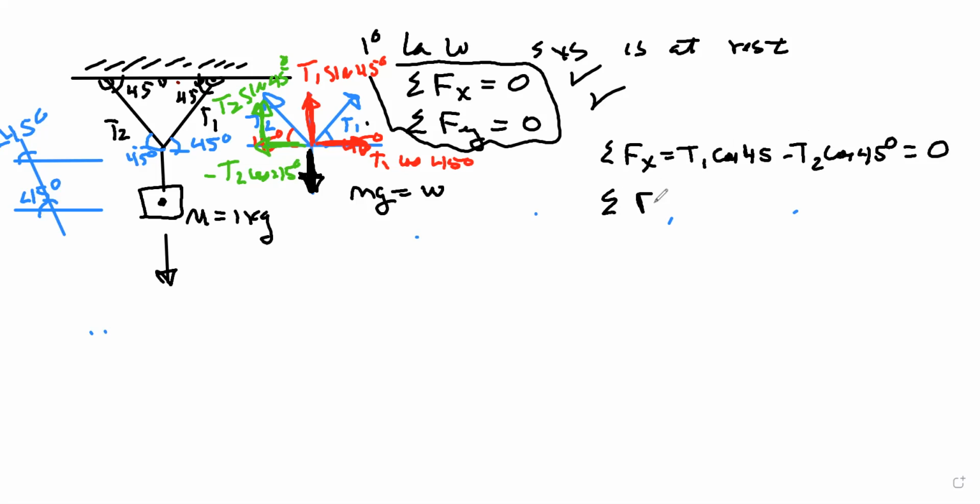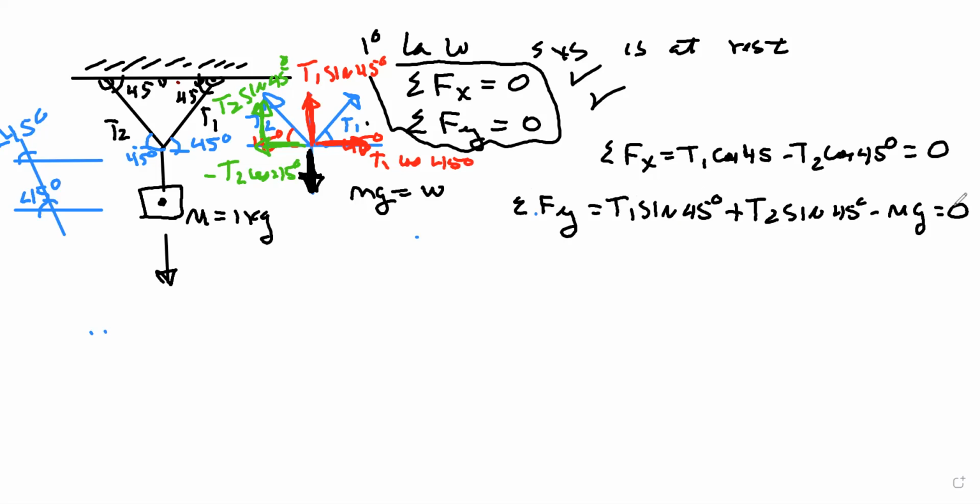And the summation of the forces in the y direction is going to be T1 sine of 45 degrees plus T2 sine of 45 degrees minus mg, and that's going to be equal to 0.